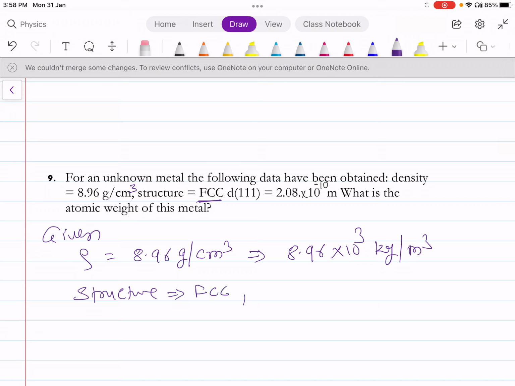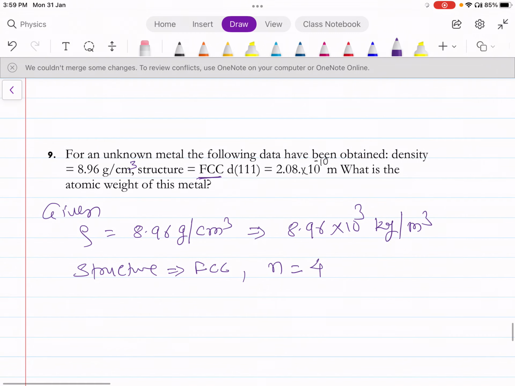So the effective number of atoms per unit cell, which is n, equals 4 for FCC. Interplanar spacing of the plane whose Miller indices are 111 is also given, which is 2.08 into 10 to power minus 10 meter.